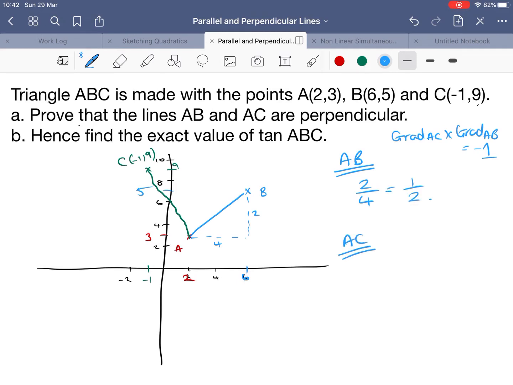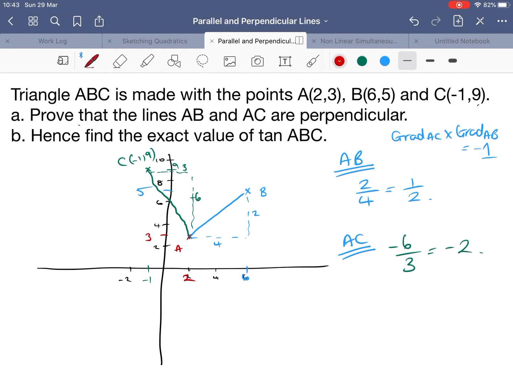Let's do AC. So again, draw on my little triangle. I went from minus 1 to 2, so I went across 3. I went from 9 to 3, so I went down 6. So my gradient is minus 6 over 3, which is minus 2.